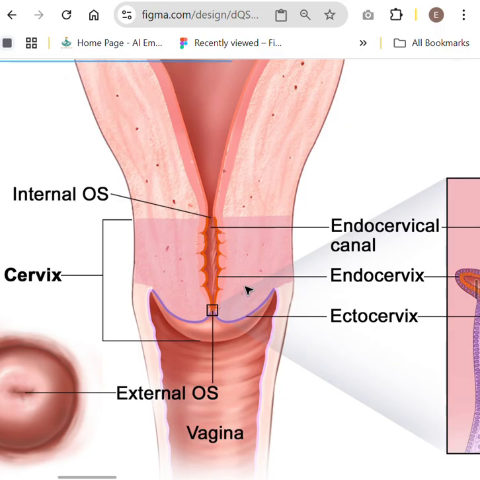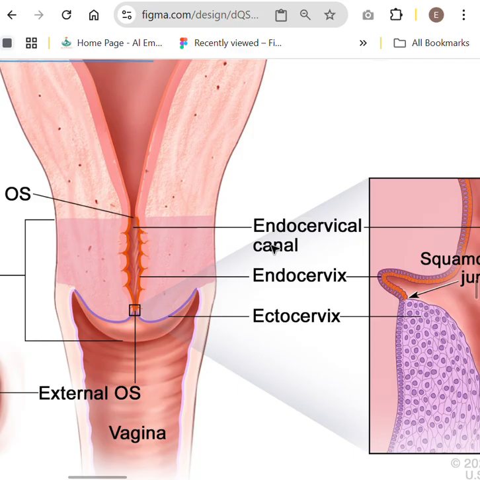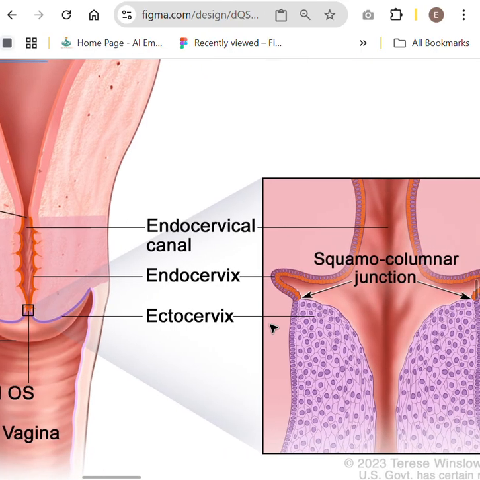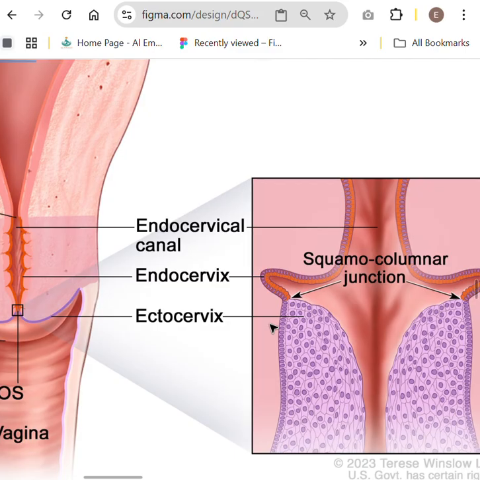The mucous membrane of the cervical canal is called the endocervix. Okay, so we call the endocervix the mucous part. It has anterior and posterior columns which fold out or radiate to form the arbor vitae. The arbor vitae, basically this area, has deep glandular follicles that secrete clear alkaline mucus, the main component of physiological vaginal discharge.